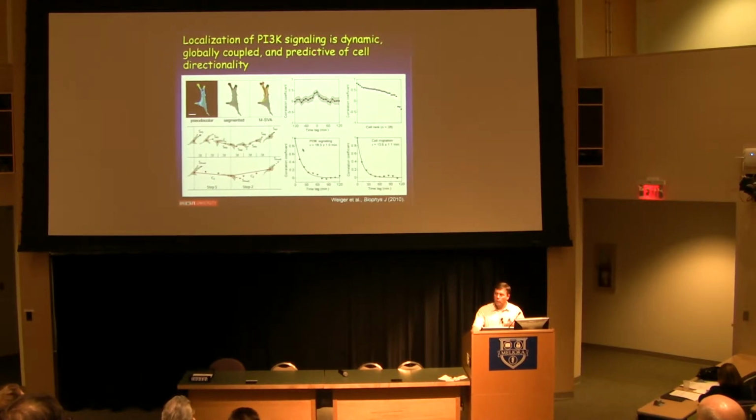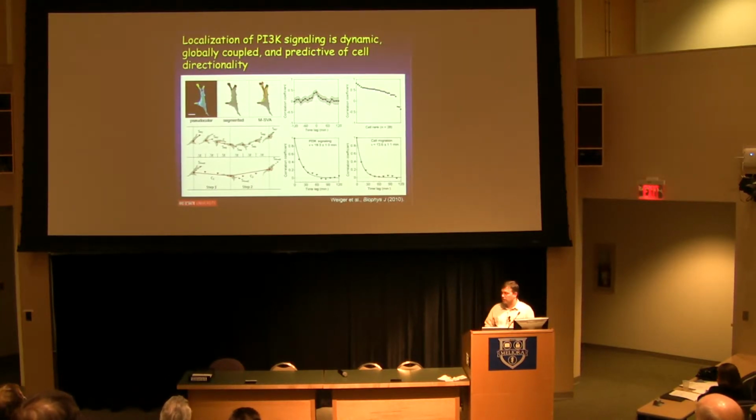We can look at the autocorrelation of both the signaling and the movement vectors to get some information about the time scale associated with those processes. So we see that the autocorrelation holds with an exponential decay of something like 15 to 20 minutes. So these little hot spots tend to flare up and persist for about 10 to 20 minutes.